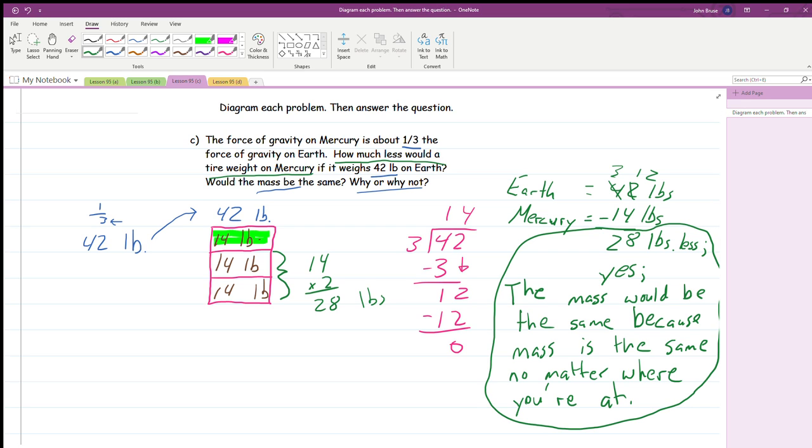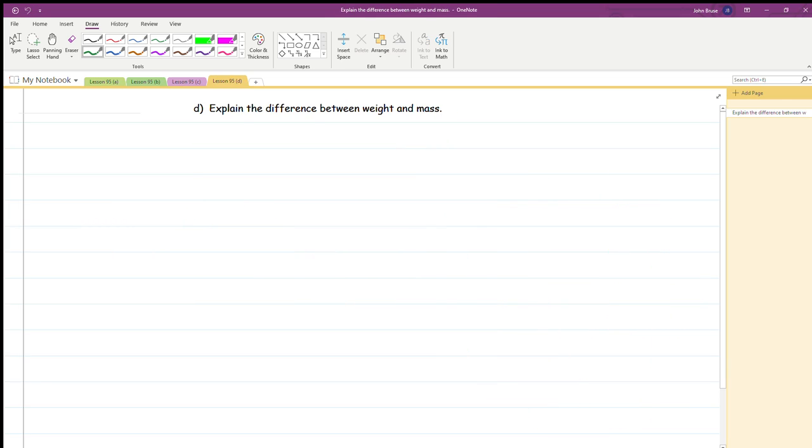So we have one more to do here. This last one doesn't make us do anything. It just wants us to write a sentence that explains the difference between mass and weight. So we just explained that, but I'm going to write you out a little bit more so you can understand what you would write if you were answering this question.